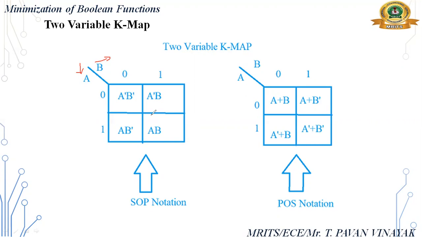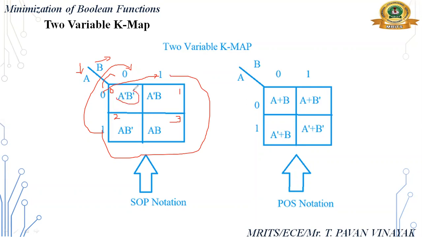How to write indexes? 0 0 means it is 0, so write index here 0. Next 0 1 means 1. Next 1 0 means 2. Next 1 1 means 3.